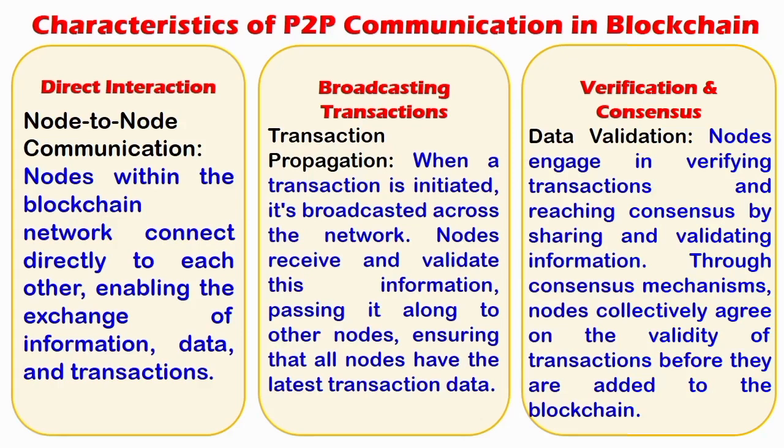It is like a team effort using consensus mechanisms. They agree on which transactions are valid before adding them to the blockchain. It is a way to make sure everyone is on the same page before recording anything permanently. Okay?